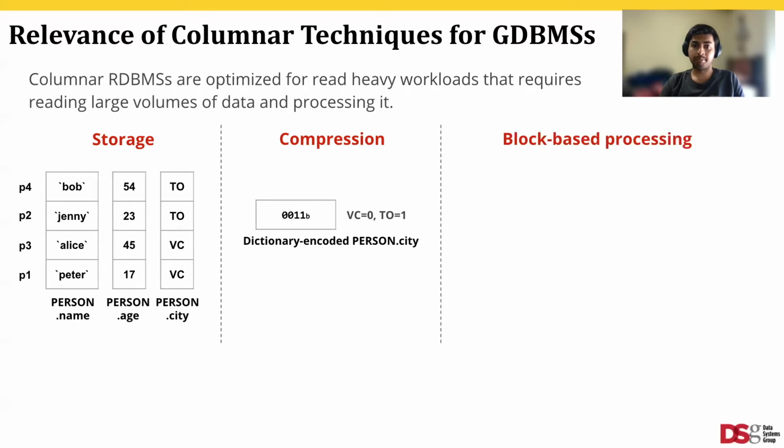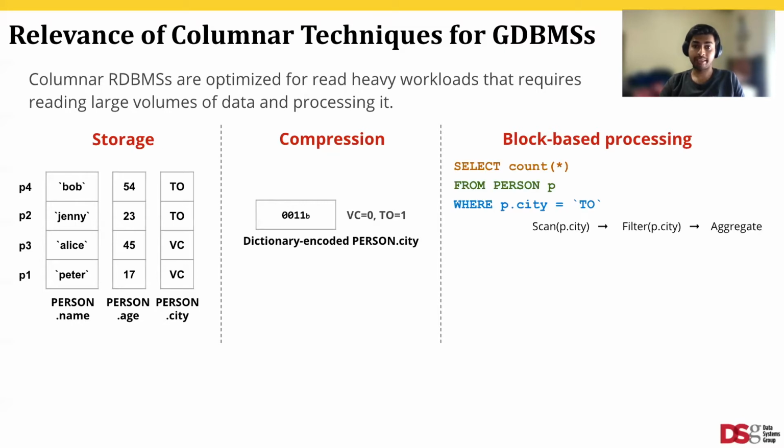They process data in blocks as opposed to one tuple at a time. Consider a query to count the number of persons in a city, and a simple plan that scans the city of the person, filters, and finally aggregates. In traditional volcano-style processing, this happens tuple at a time, starting from P1, P2, then P3, and finally P4.